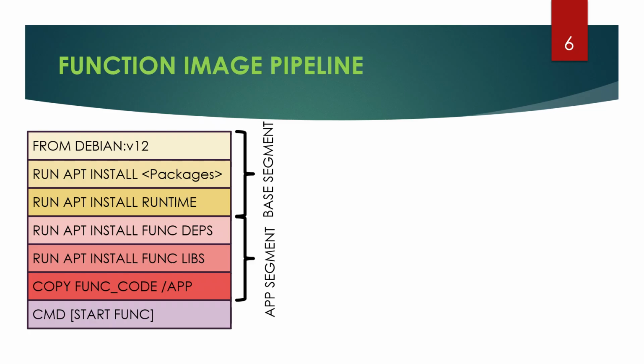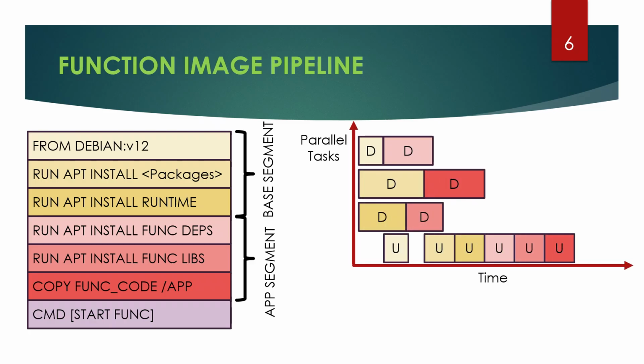And this segment is shared across function images that use the same runtime environment. In contrast, the app segment stores the files which are very function specific, that contain the libraries, dependencies, and the code.